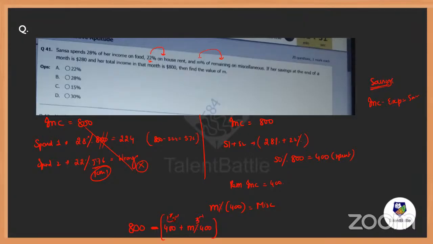That equals income minus expenditure, which is nothing but savings. And savings is how much, everybody? $280. So solving this equation will give me the M value. People, is the logic crystal clear? Income 800 minus the first two expenditures, 400, plus M percentage on 400, the third expenditure, equals $280, the savings. Everybody must answer.